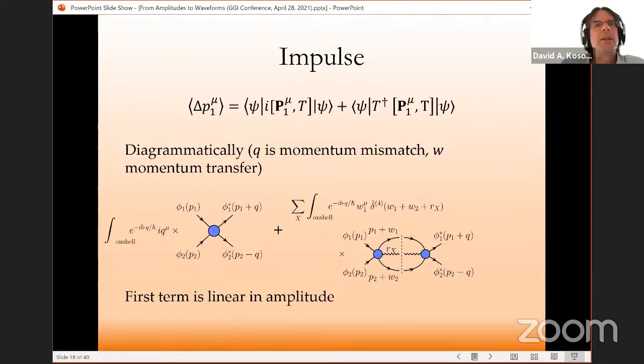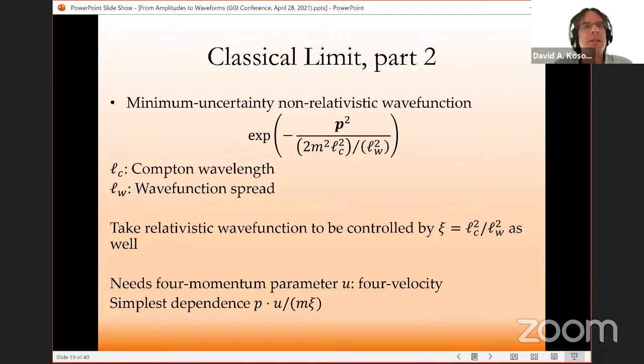We still have all these singular looking powers of H bar running around, but we have to finish our analysis. It's good to think a little bit about non-relativistic wave functions. If we had a minimum uncertainty one, a Gaussian, where the bold P here is just the spatial momentum, then it would involve a ratio in the denominator between the Compton wavelength and the intrinsic spread of the wave function.